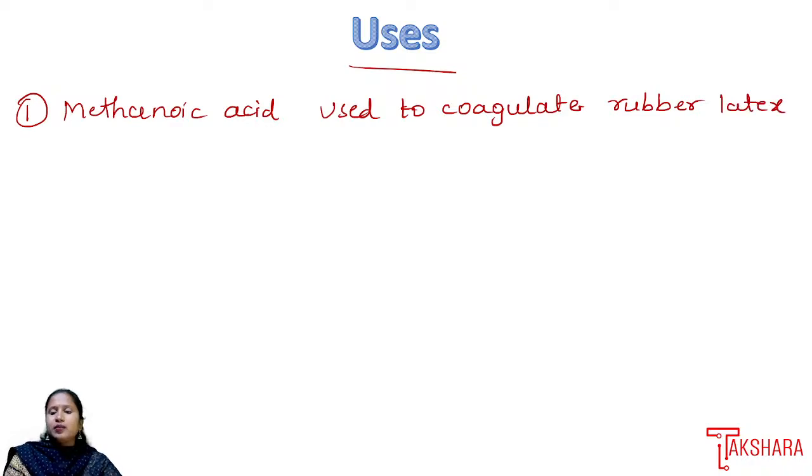In the manufacture of rubber, methanoic acid is used as a coagulation reagent.